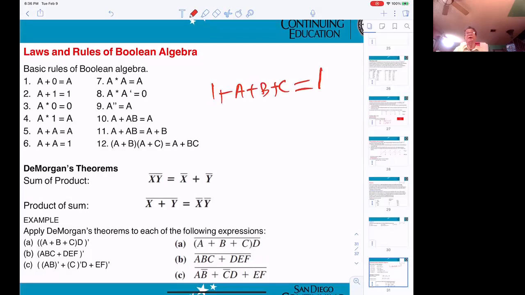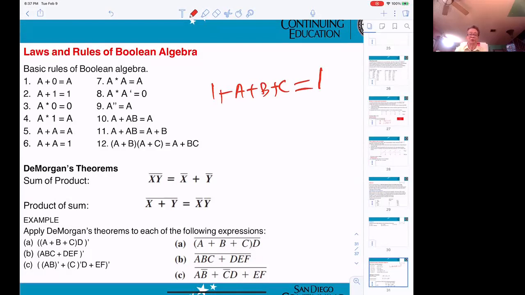Okay, when you're doing a digital lab, 1, that means you connect to what? If they say connect A to 1, where do you connect it? The 5 volt or the high 5 volt. You understand you get only 0 and 1. 1 means 5 volt. 0 means ground.